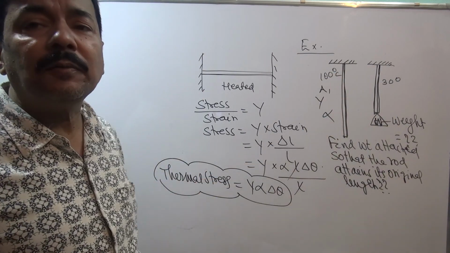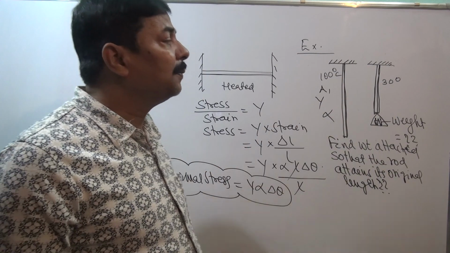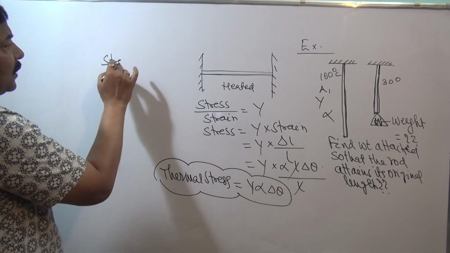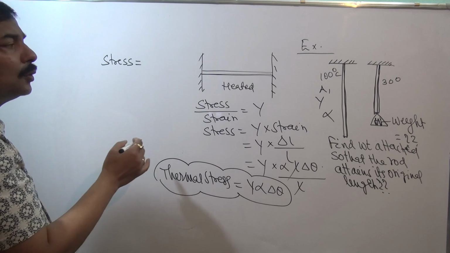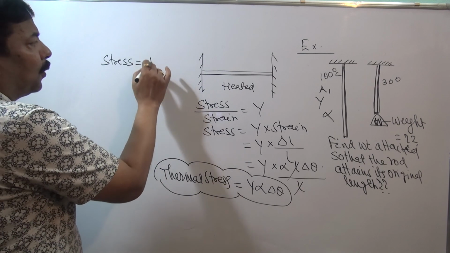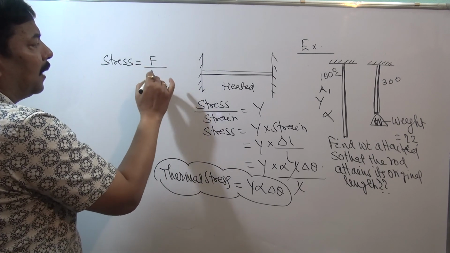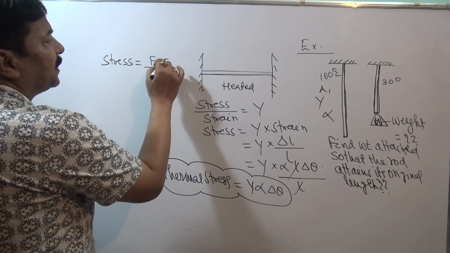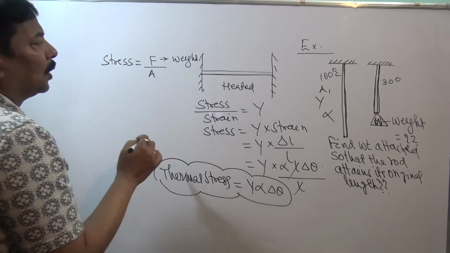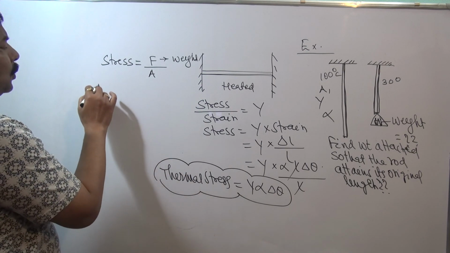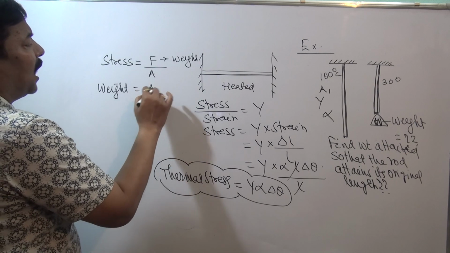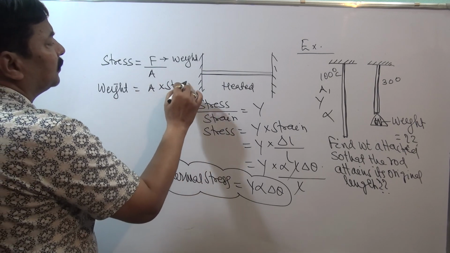So how can we solve this question? In this question, stress is equal to force by area. Area of cross section is given. This force is basically the weight. So weight is equal to area into stress.